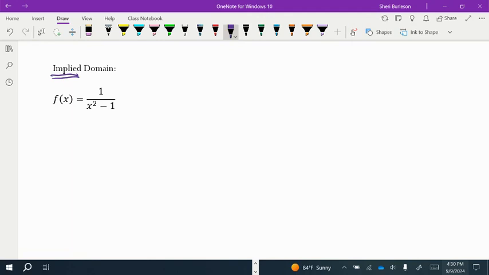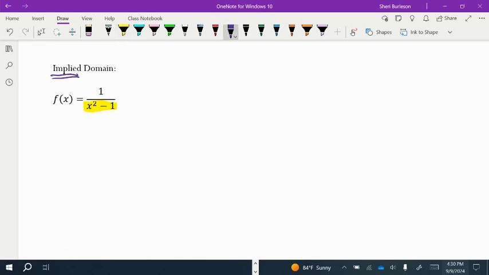Its domain is everywhere this function is defined. Anywhere the function is undefined, we know that must not be part of the domain. So by stating that it's a function, we are implying that its domain is everywhere this function is defined. So if I ask for the domain, this is one of those issues. Where would this function be undefined?